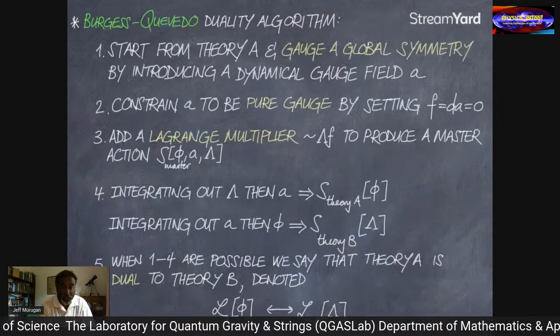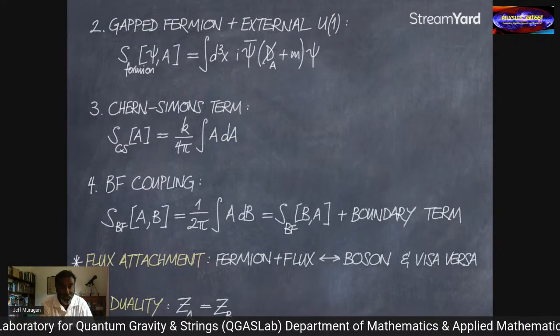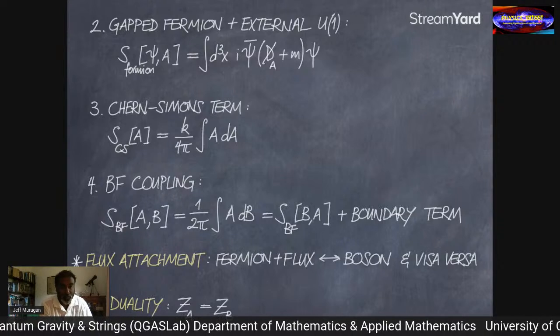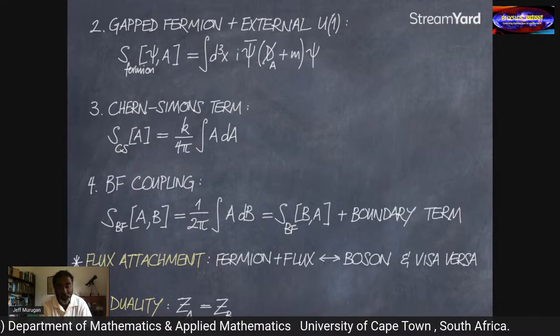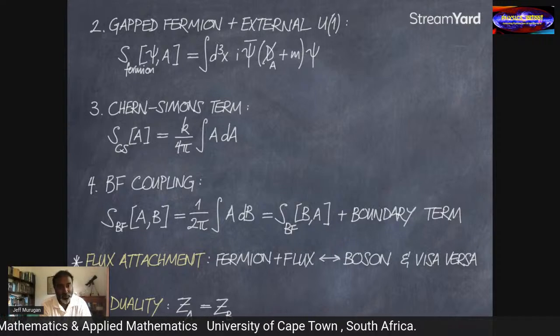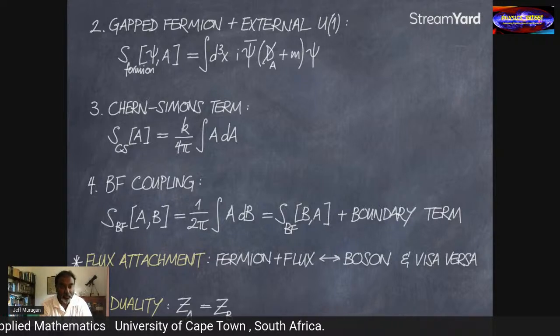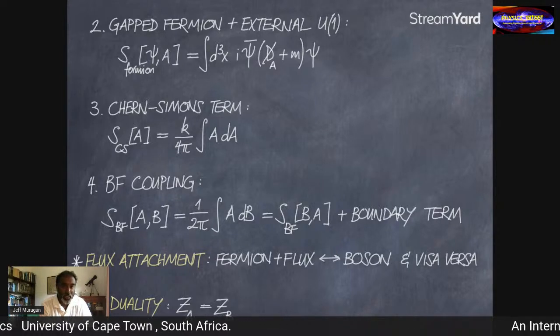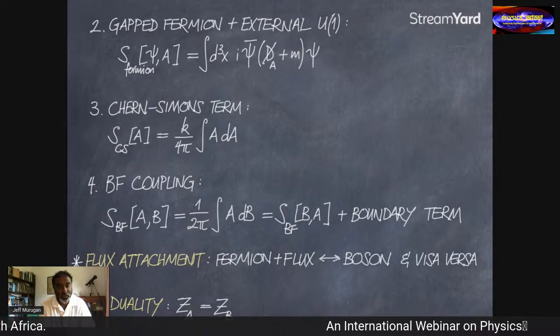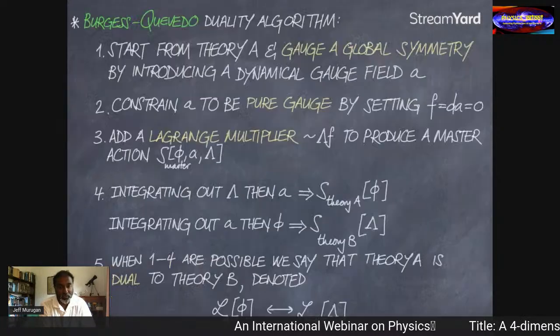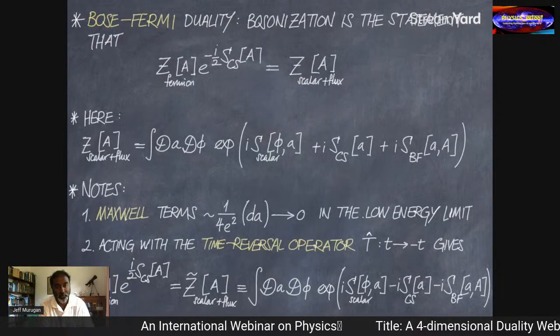So all of these actions are defined back here. There's S fermion. So Z fermion would be the integral of e to the i S fermion with respect to psi, so that gives me Z fermion of A. And here's the Chern-Simons action, and there's the BF coupling. So just keep these in mind when I'm talking about them going forward.